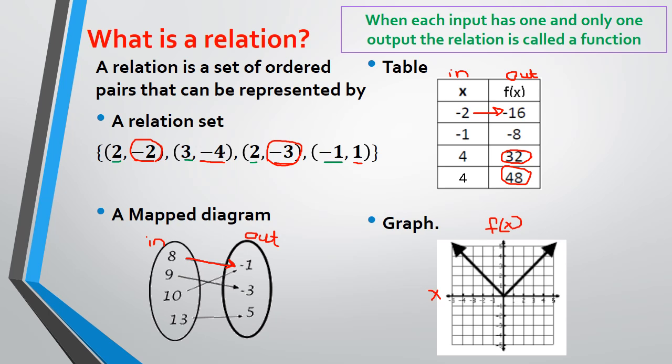If we look at this graph, we'll find out that this graph represents the relations between inputs and outputs. If we take -1 as an example, which is right here, -1 on this graph has an output of 1. So the input for -1 on this graph is 1.